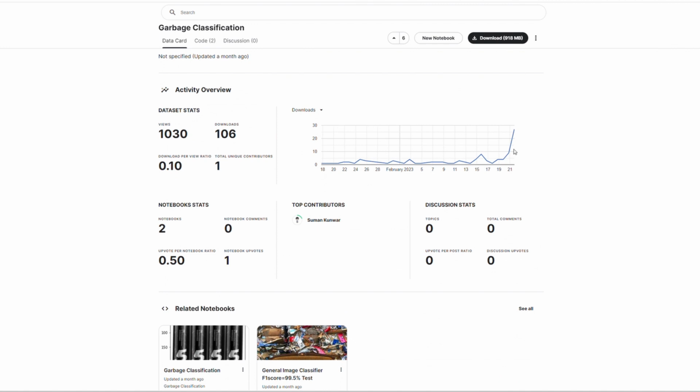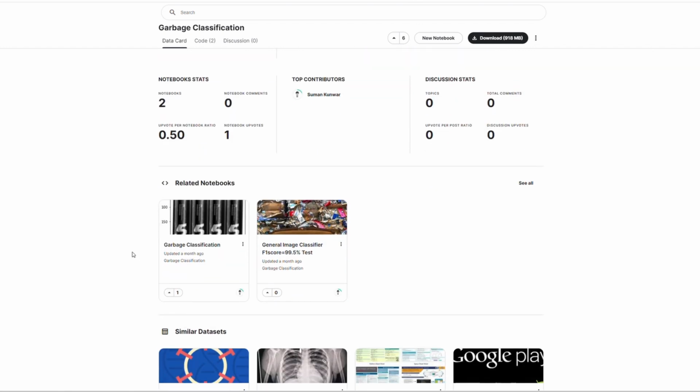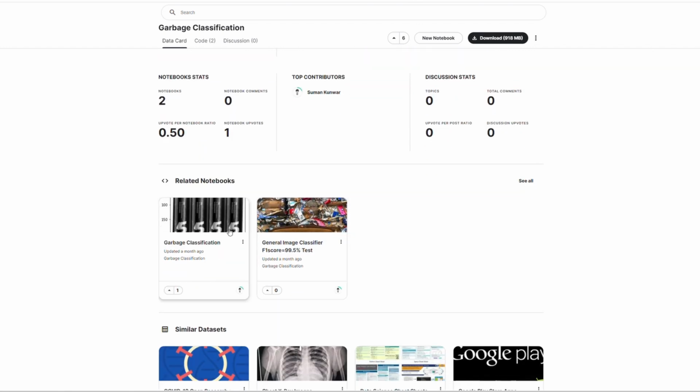Down here, you can see who's downloaded it. Looks like 27 people downloaded it on February 21st for some reason. Very popular day for garbage classification. 106 people, 1,030 views. And there's other tools in here too.